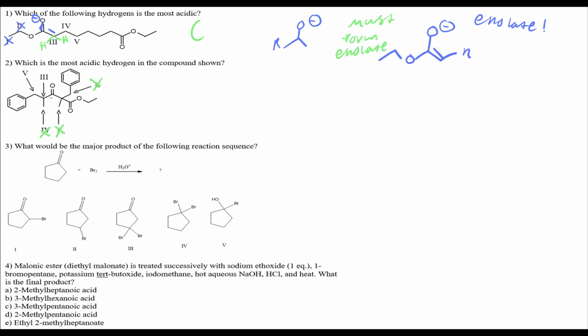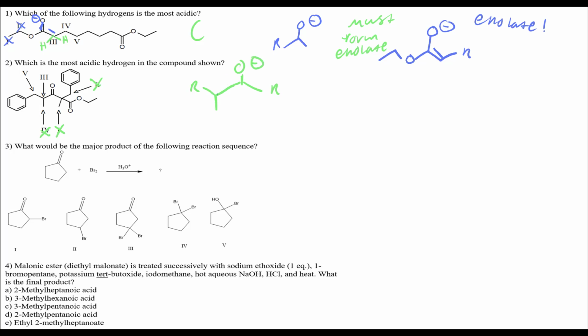Well, if I did number 3, and we're just going to ignore everything else, so if I did this, I could form an enolate by deleting a bond to make this an alkoxide.